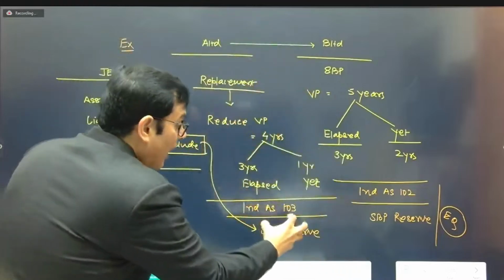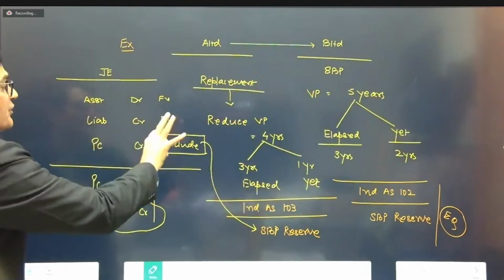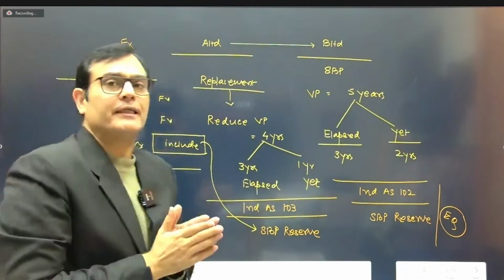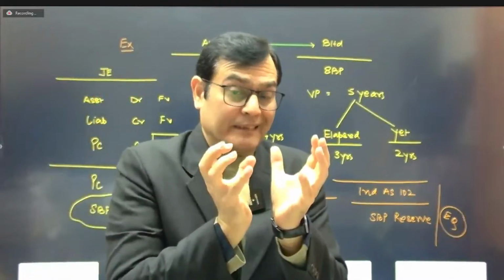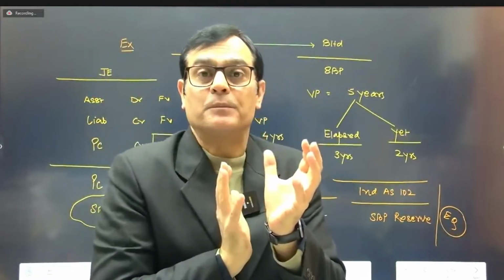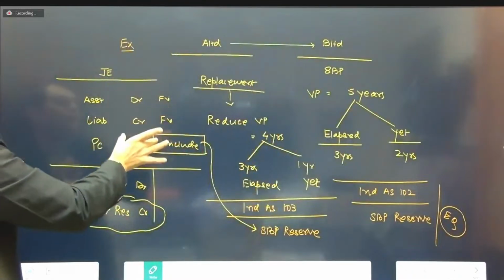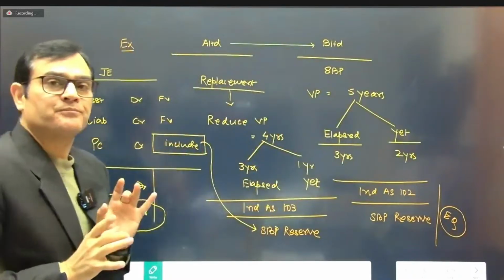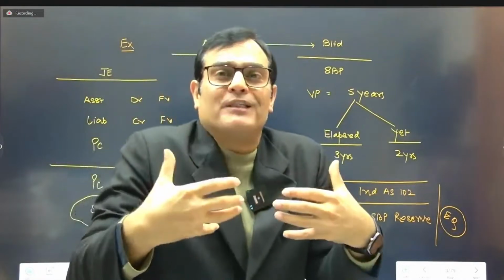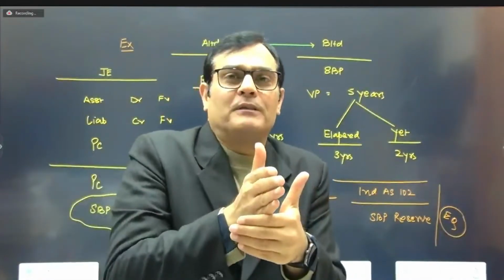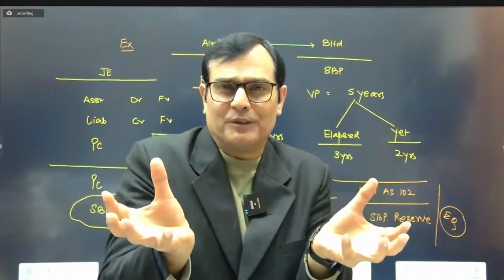So what are we going to do? We're going to calculate how much SBP reserve is to be created, and this will be inserted in the journal entry in step number 7. So the purchase consideration gets included with that SBP reserve, and automatically you get an appropriate goodwill or capital reserve as well. Because you have taken over the obligation to replace these awards, and that obligation to replace the awards should be a part of the purchase consideration.